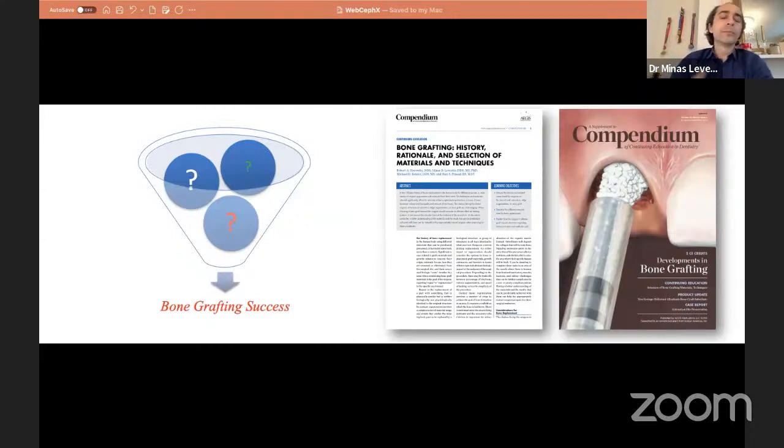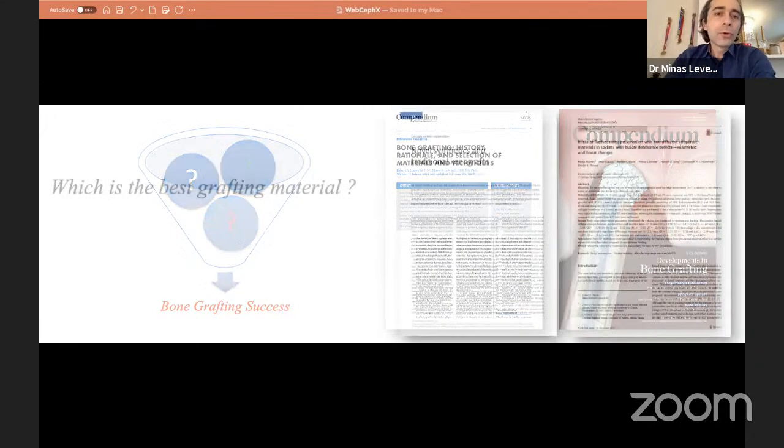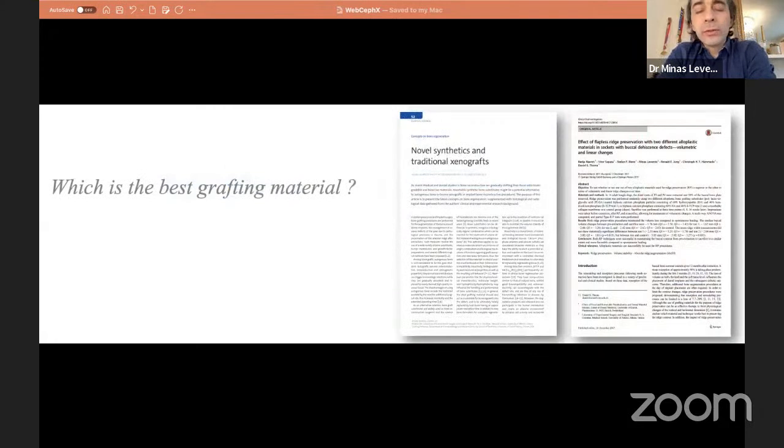So when we want to do bone grafting, where we want to reconstruct the bone, we have to find out what we are doing and what are the parameters for bone grafting success, which of course is not an easy question. We have many questions. We cannot give all the answers.